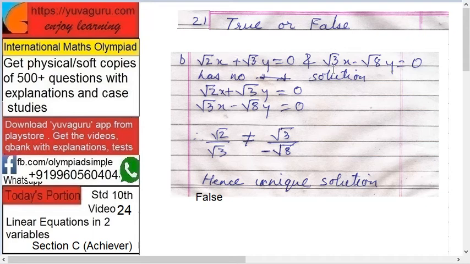So in our case, a1x plus b1y equals c1 is 0, and a2x plus b2y equals c2 is 0. b2 will be minus 8. Okay, so let's try a1 upon a2. So a1 upon a2 is root 2 upon root 3, and b1 upon b2 is root 3 upon minus root 8. So are they equal?